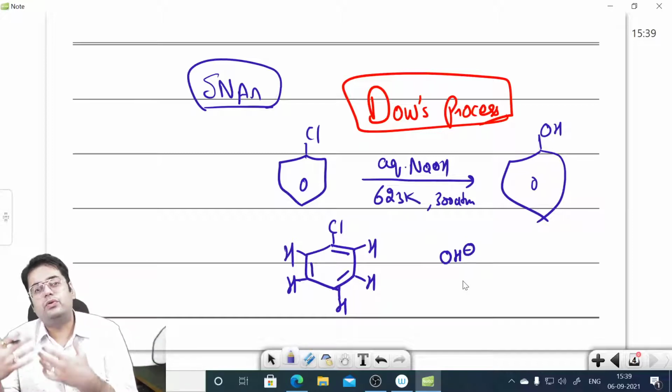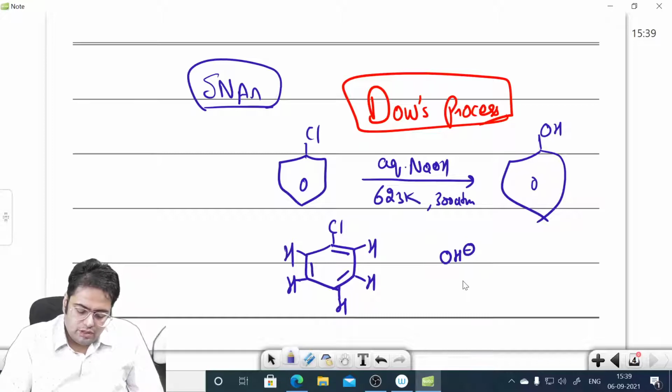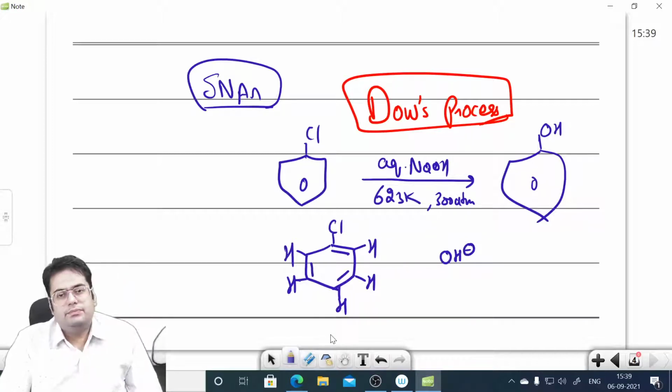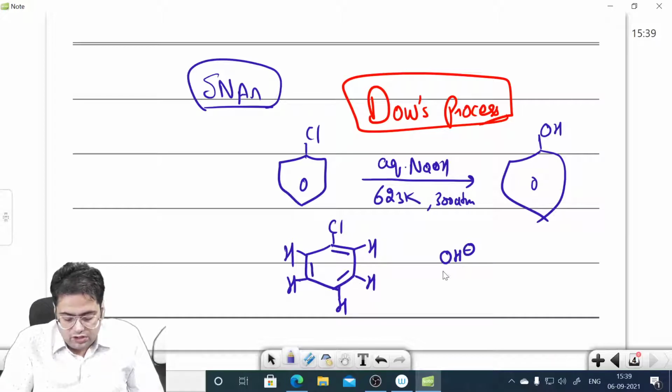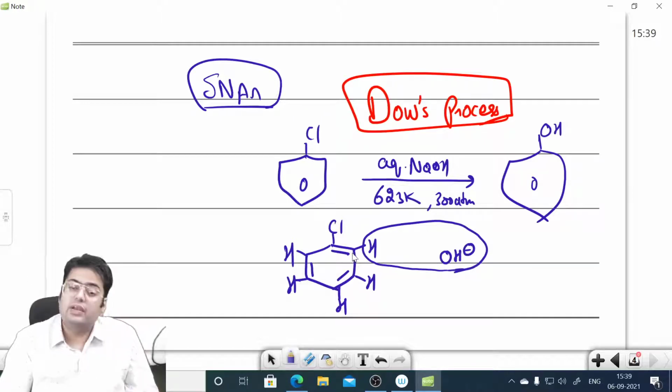It really wants to react with this hydrogen. After removing H plus, the benzene ring will acquire a negative charge.